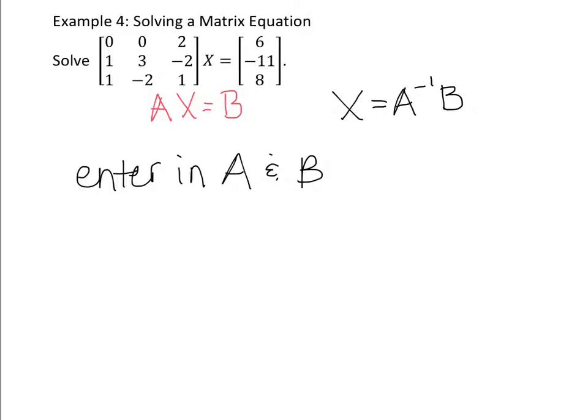A is a 3 by 3, and B is a 3 by 1, because it's 3 rows and 1 column.